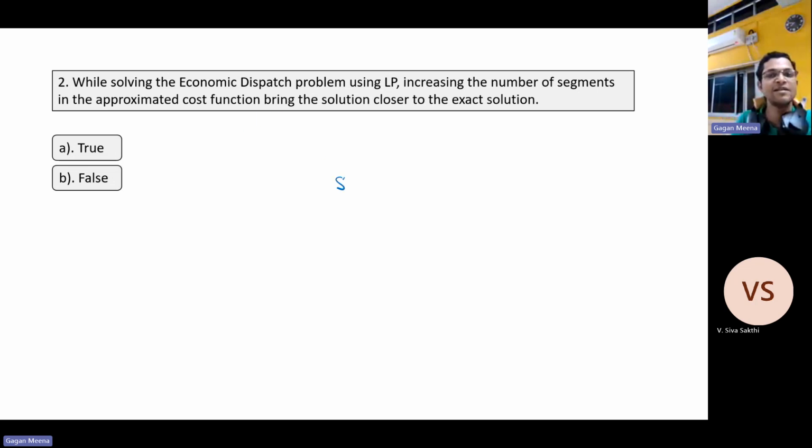But yes, if we say 5, 10, and 50, then we can say that for a very large number of segments, the solution will be quite close to the exact solution in comparison to a smaller number of segments. That can be said. It's not a generic statement and it depends on the segmentation. We need to verify that. That's why this statement is not always true. It's false.